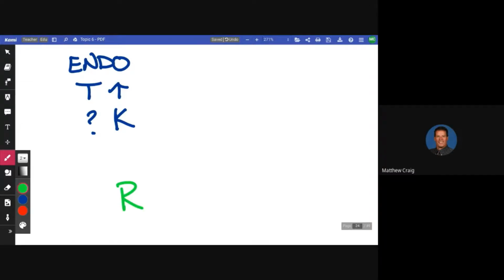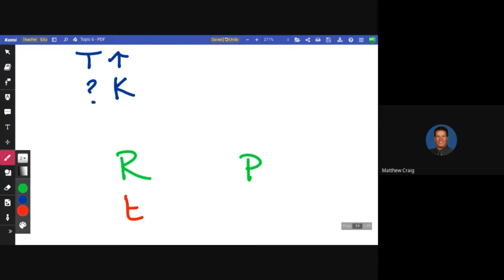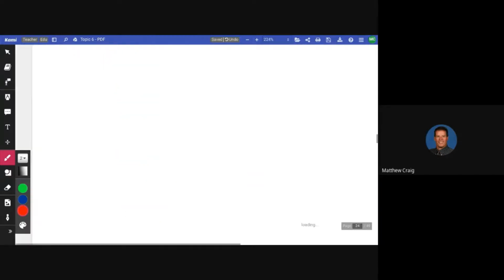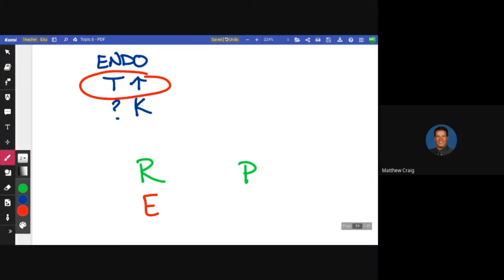Start off, reactants, products. Where is the heat? Well, it says it's endo, so that means it's on the reactant side. What is happening to the temperature? Well, it says it's increasing. So if it's increasing, that means you're adding heat. And if you add something, you shift away from the addition.